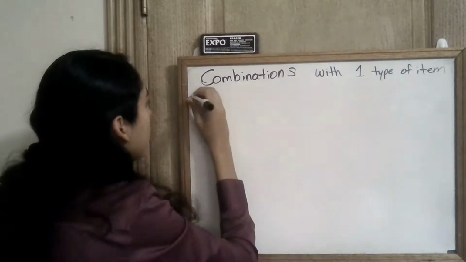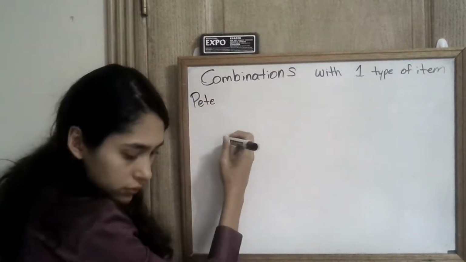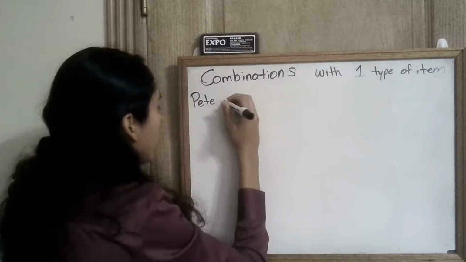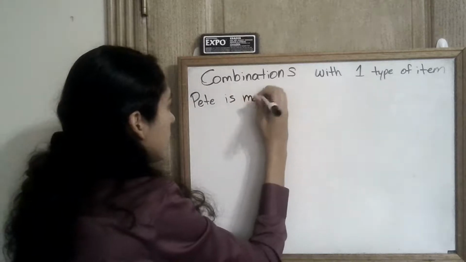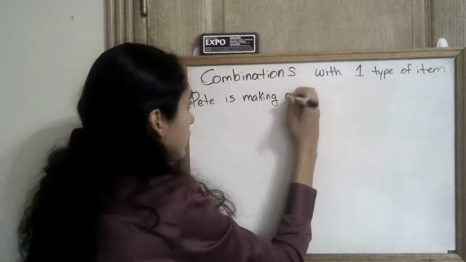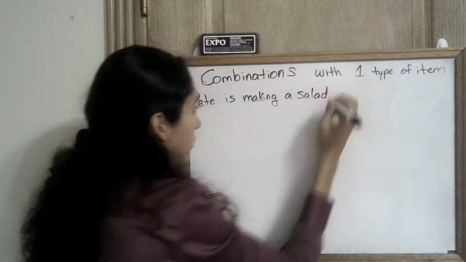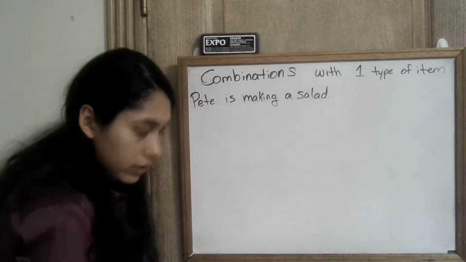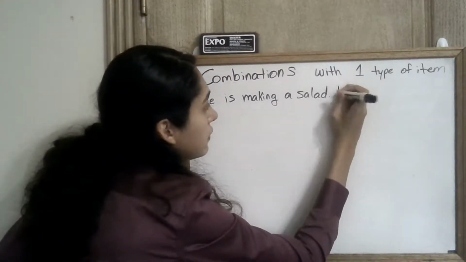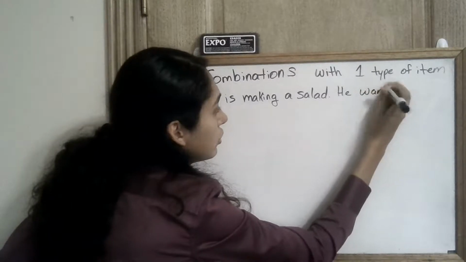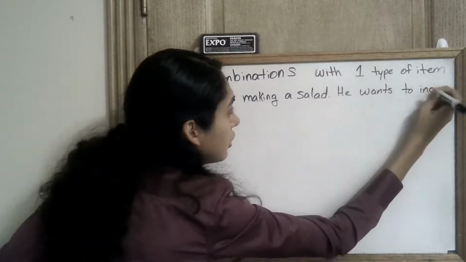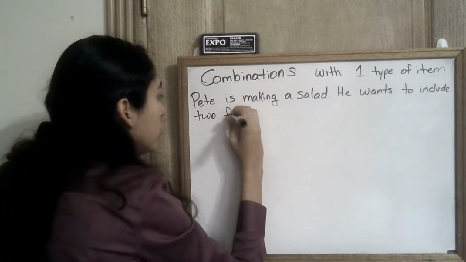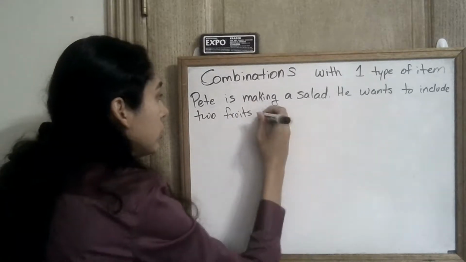So let's say Pete is making a salad. He wants to include 2 fruits in his salad.